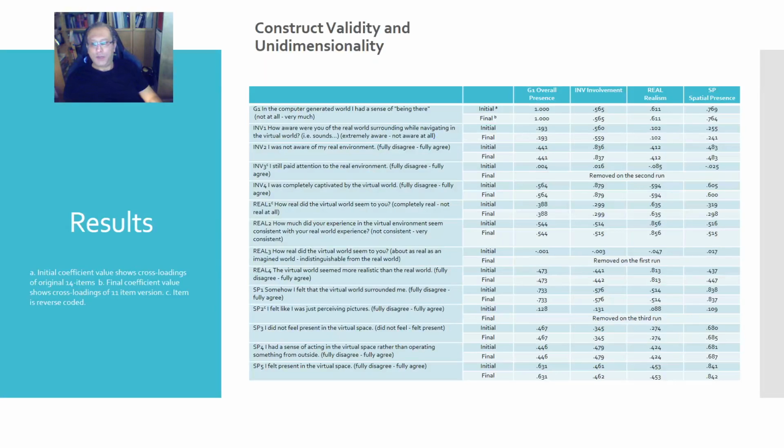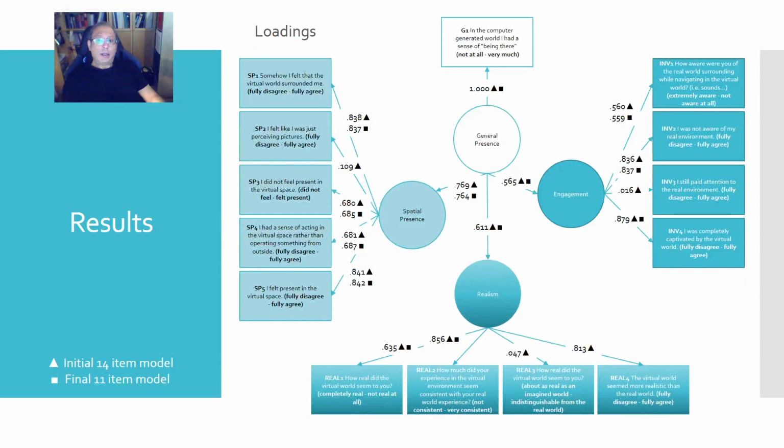So we decided to remove them. This indicates that they are not capable of measuring these constructs. Neither of these constructs is measured by these 3 items. When we remove them, the loadings of the other items did not change dramatically.